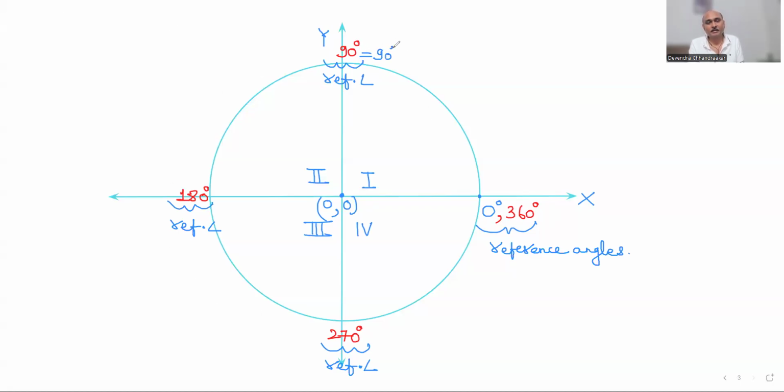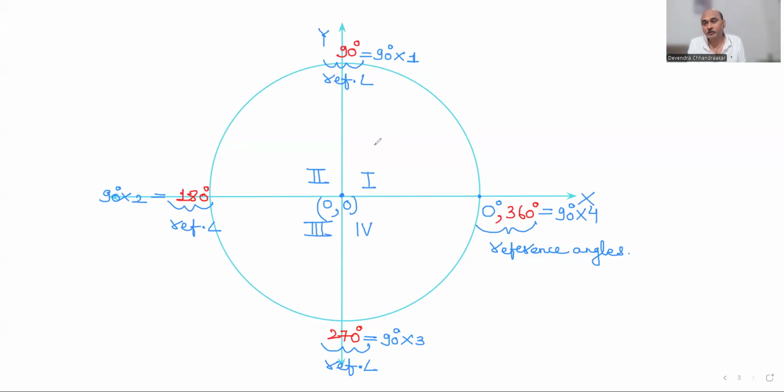This is 90 into 1, this is 90 into 2, this is 90 into 3, and this is 90 into 4. I hope all of you understood this. Till this point, all of you are comfortable? Yes, sir. Okay.